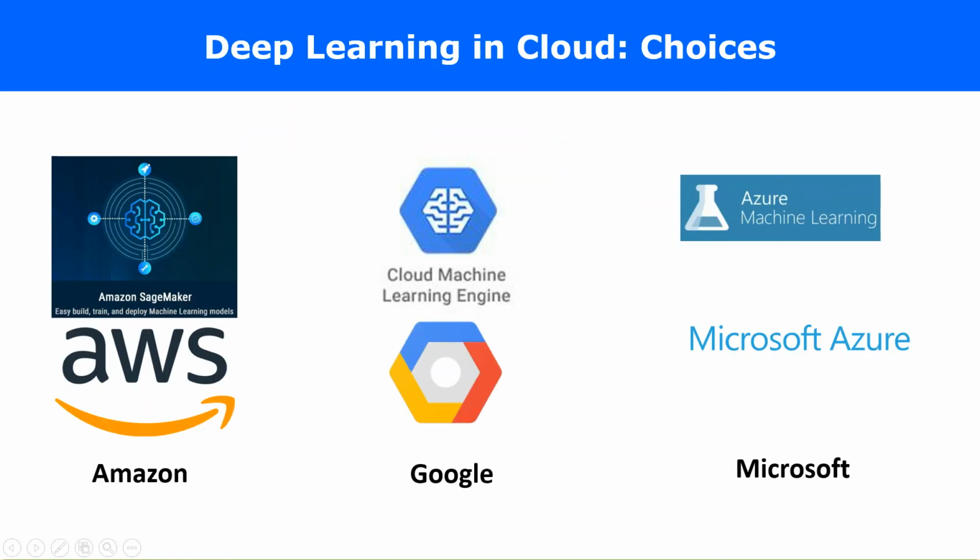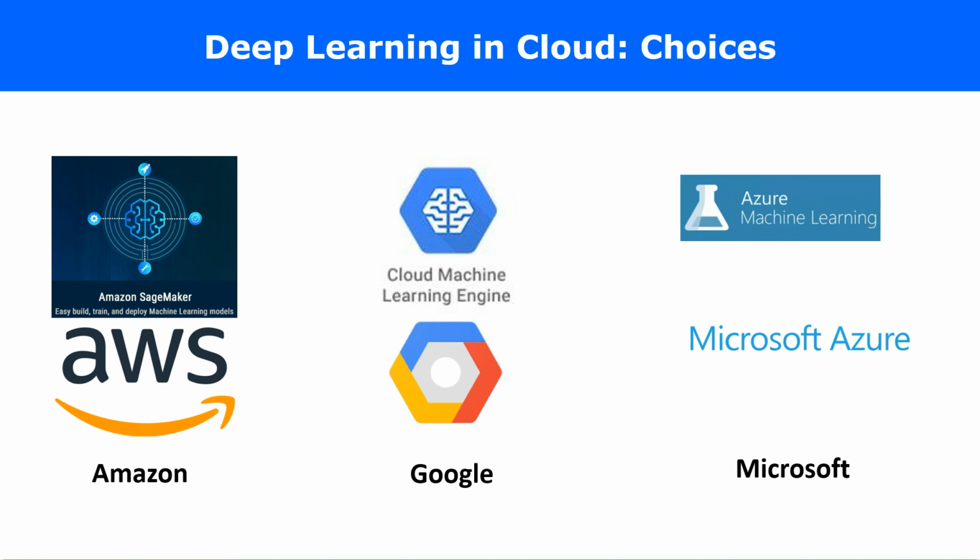There are different choices available on the cloud platforms. Some amazing platforms are available for you to leverage and make this journey possible: AWS, the Cloud ML Engine from Google, the Azure platform. Some of these choices are really amazing.